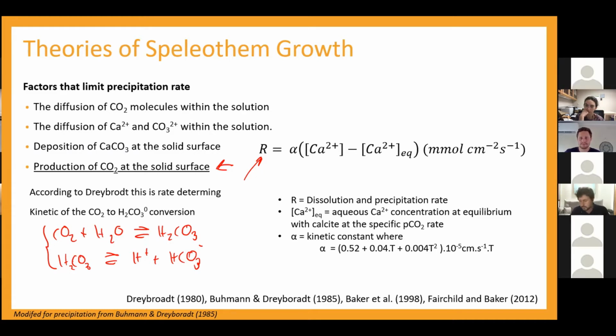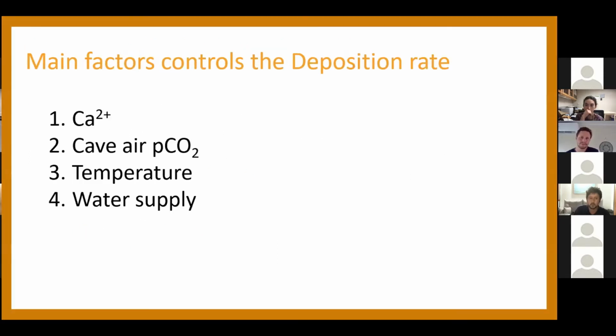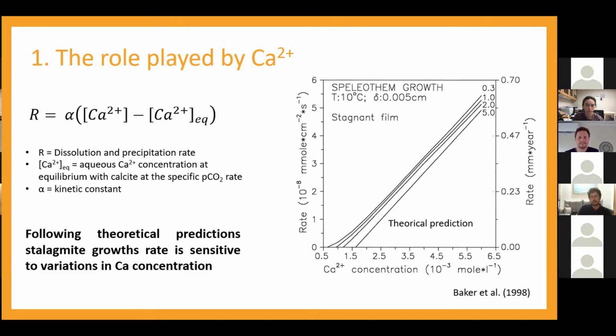The cave PCO2 levels are also an important factor, as they control the diffusion gradient across the water film. So we can simplify the main parameters that drive the calcite deposition rate as the calcium variation, the concentration of CO2 in the cave atmosphere, temperature, and the water supply.